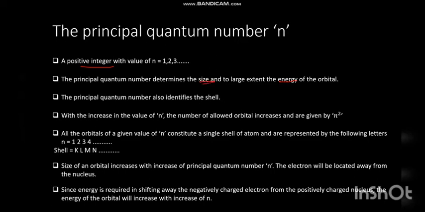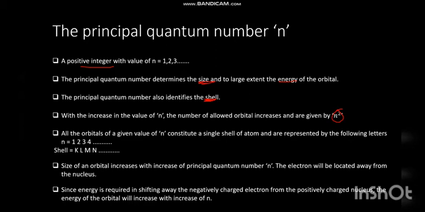So size and energy of the orbital is determined by this principal quantum number. It also identifies the shell, and with the increase in the value of n, the number of allowed orbitals also increases, and it is given as n squared. This is very important.